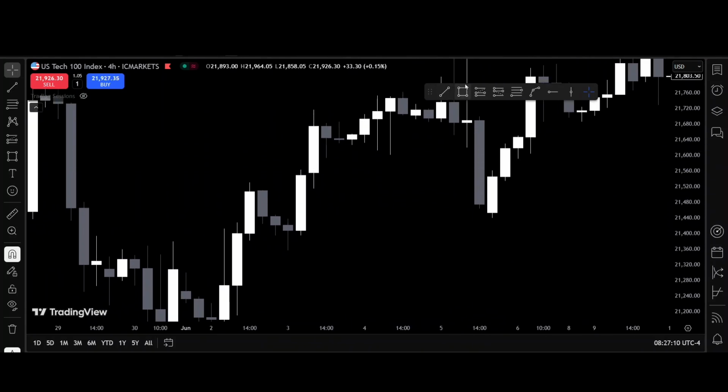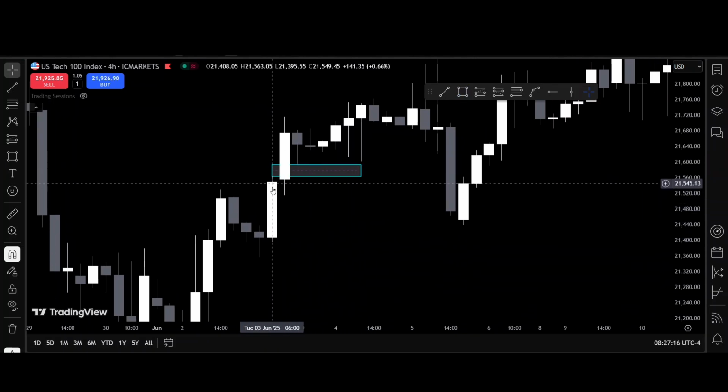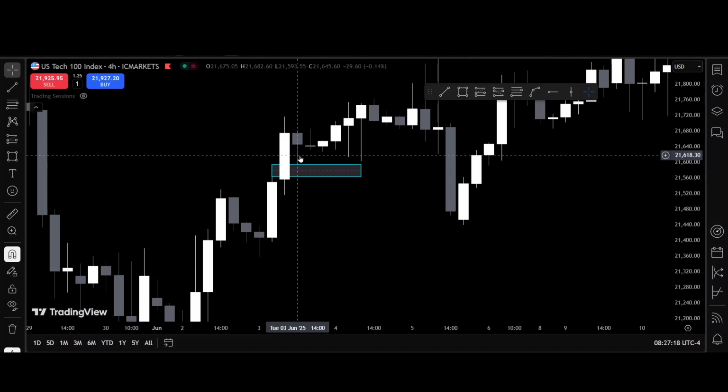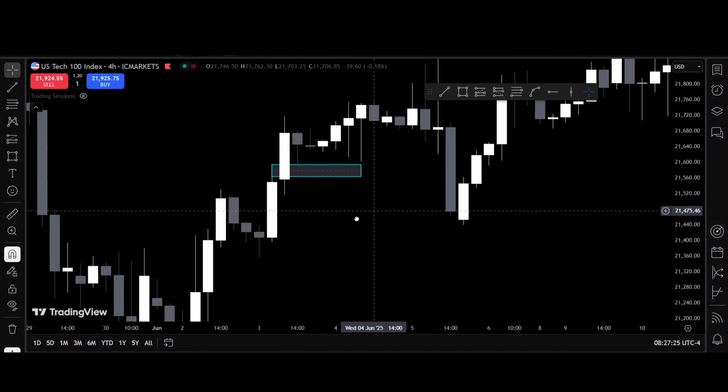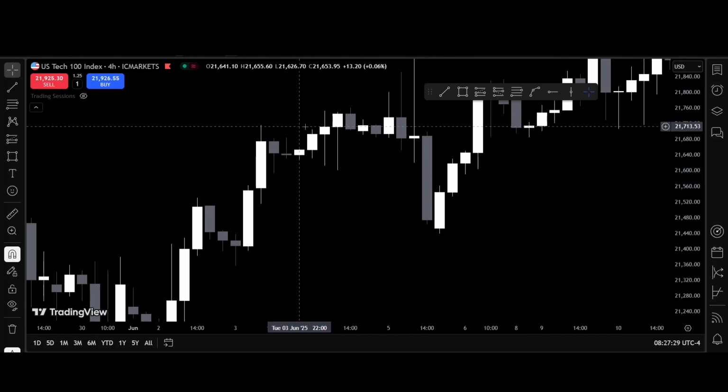This right here is a fair value gap. Why? The wicks of the first candle don't overlap with the wicks of the third candle in the second candle's body. That's why it's a fair value gap. You'll get really familiar with this once you have more time looking out for them.